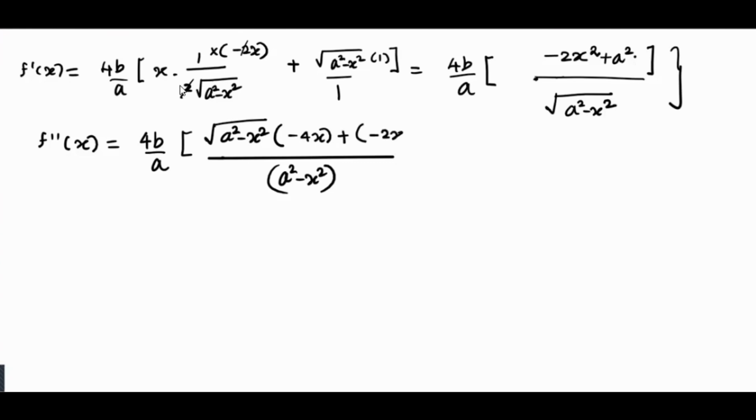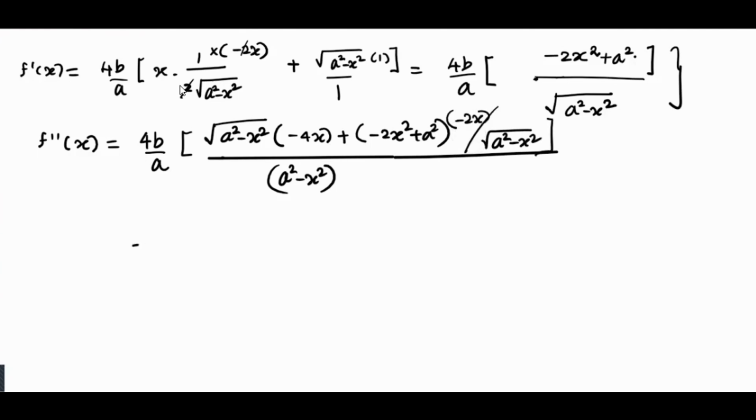So minus 2x square plus a square, the whole into 1 divided by 2 root of a square minus x square, and on top of it we have minus 2x divided by this.